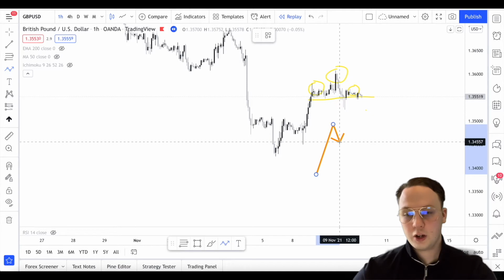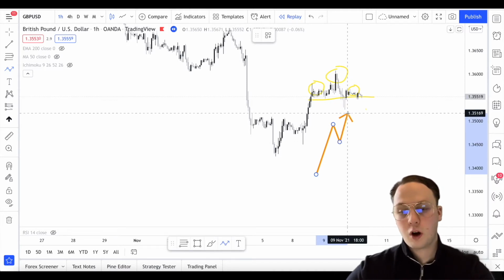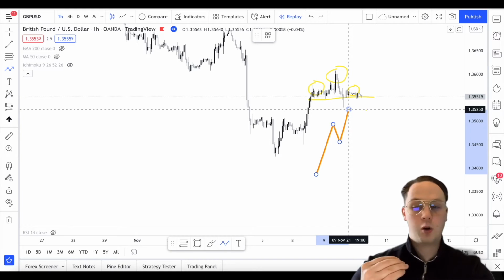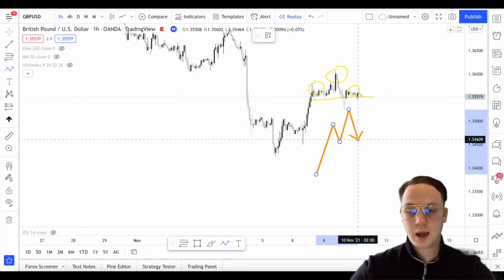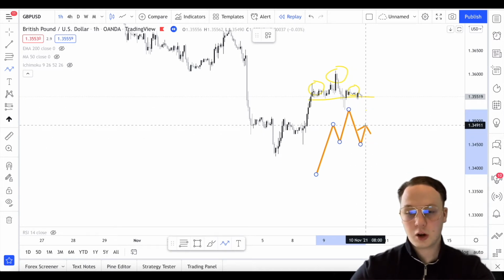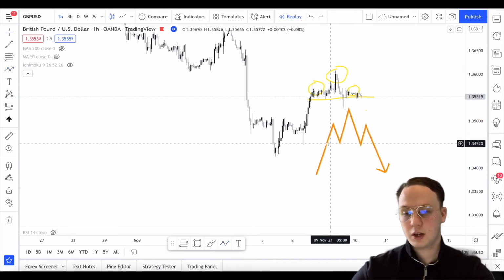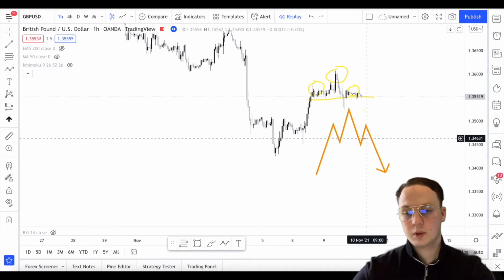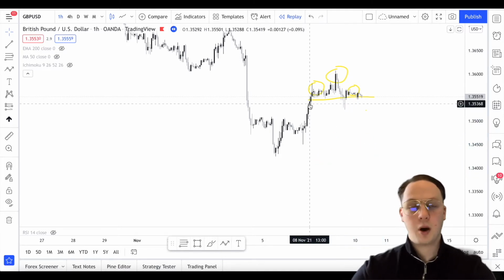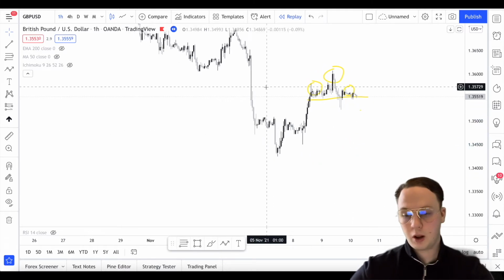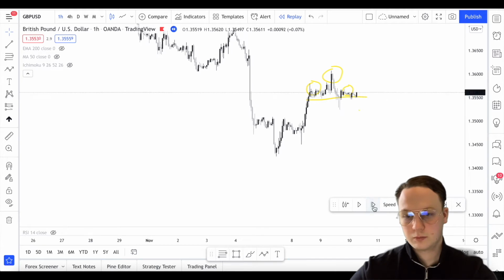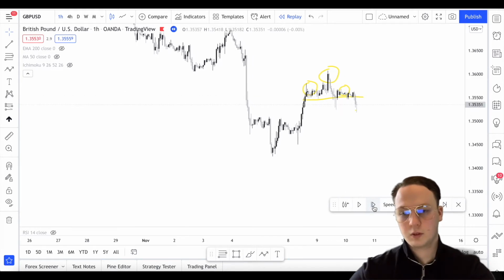Then we've got our first shoulder, which isn't a very deep push back down. We've got our head, which breaks above the shoulder. Market then comes back down and creates the second shoulder, and hopefully continues to the downside. And here is our neckline, of course. So let's see if the market does indeed break below our neckline.